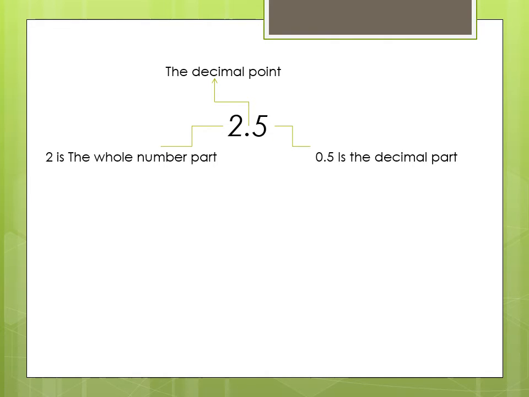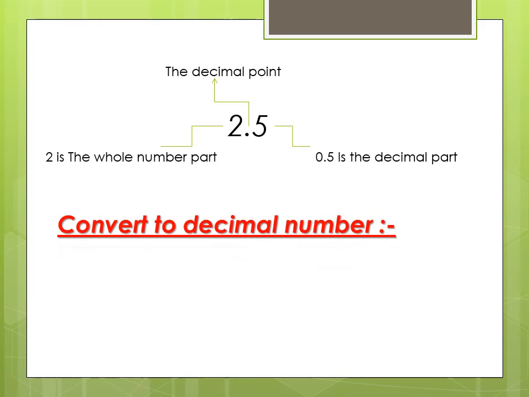It is 0.5, the decimal part. So I can say 2 is the whole number part, this point is called the decimal point, and 0.5 is the decimal part.